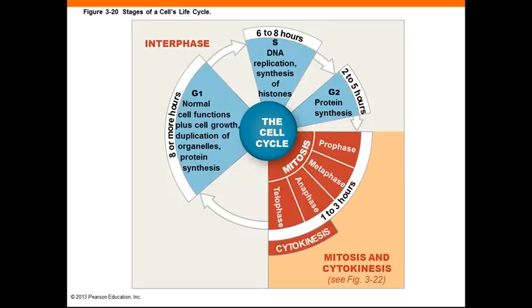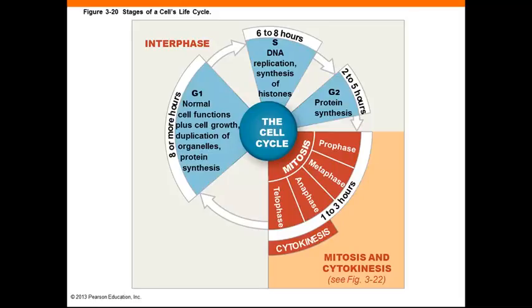So if you're one of the stem cells, let's say you're a skin stem cell in interphase, you're hanging out in G1 phase, but you want to go through mitosis and make a new cell to replace a skin cell that has recently been sloughed off. So the first step is the G1 phase, and this is when the cell will duplicate all of its organelles and start increasing its cytosol.